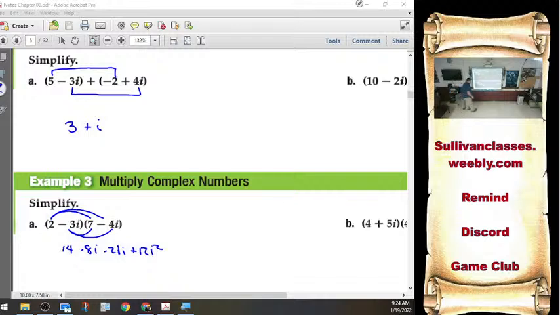Now, where this gets hairy is when I combine like terms, what can I still do to it? That i squared is a -1. -1 times 12 is now a -12. So this is actually 2 minus 29i.